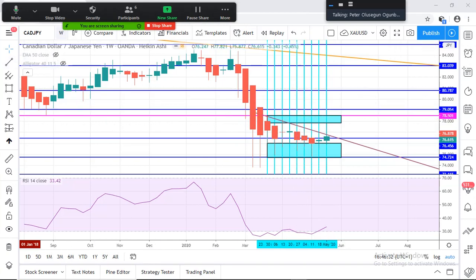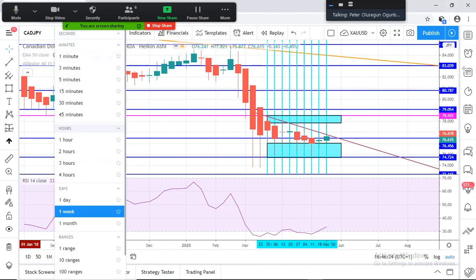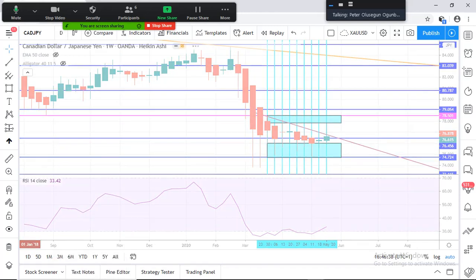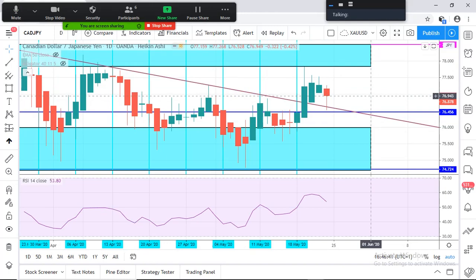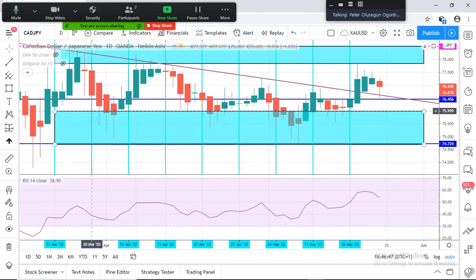So let's go to the daily time frame and see what we have. Now this is the daily time frame. Mark this: from here to here is one week, from here to here is one week, and from here to here is one week. Now the last week's activity is not here, it is missing.